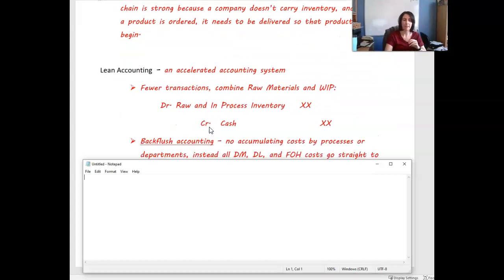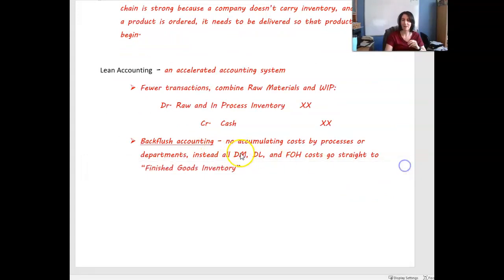Okay. Last things, I promise. All right, lean accounting. The thing with this accounting system is when you're doing lean manufacturing, it doesn't really make sense to have a raw materials inventory so much. Because let's say those Recaro seats come in the door, they go right into production. Is there a point that the seats come in and sit on my shelves as inventory?